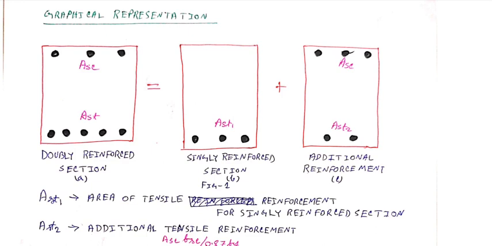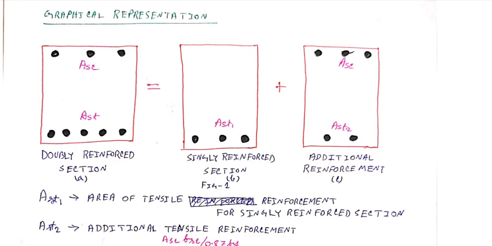You can see there are two extra additional reinforcement bars in the tension zone, denoted by Ast2, and additional reinforcement in the compression zone, denoted by Asc. If we add these two, we will get figure 1a.